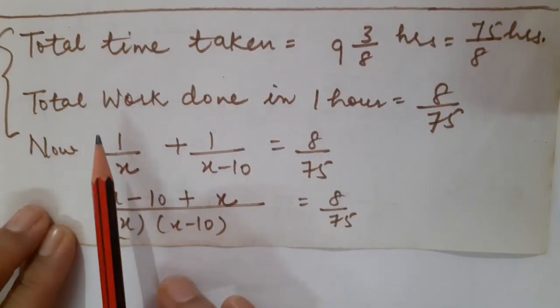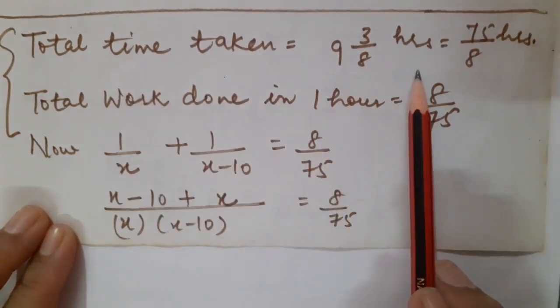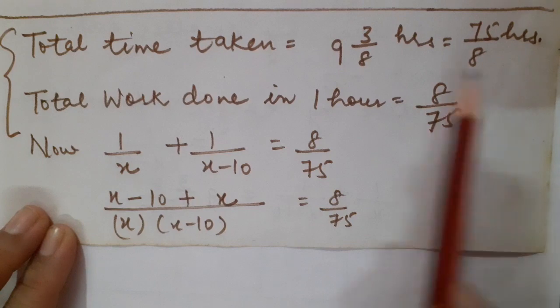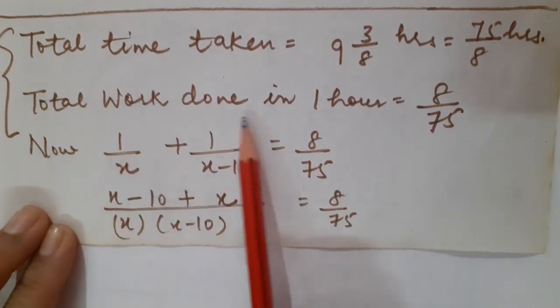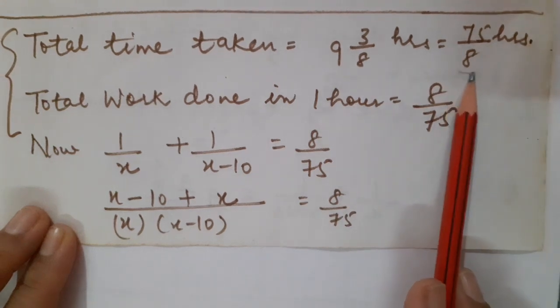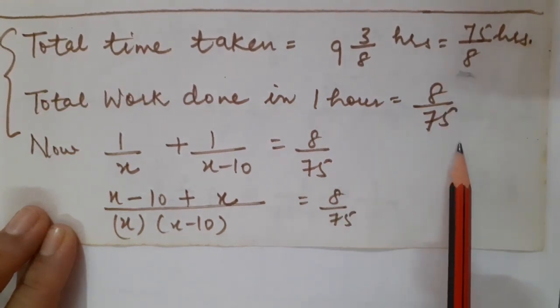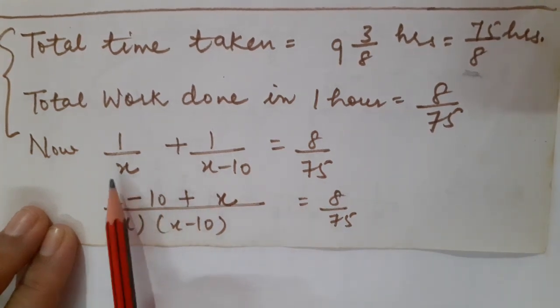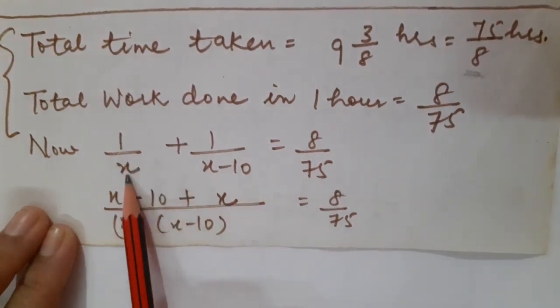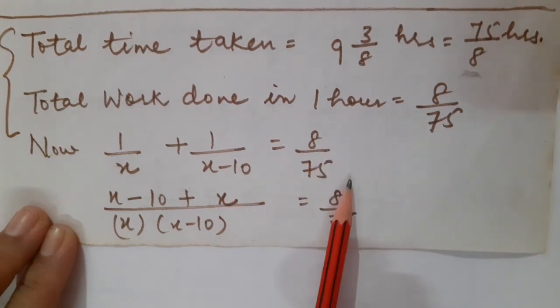Here I have written total time taken is equal to 9 whole 3/8 hours, that is 75/8 hours. So what will be the total work done in 1 hour by both the taps? That would be the reciprocal of the time taken by both the taps, that is 8/75. Correct? Now this is the equation formed: 1/x plus 1/(x minus 10) is equal to 8/75.